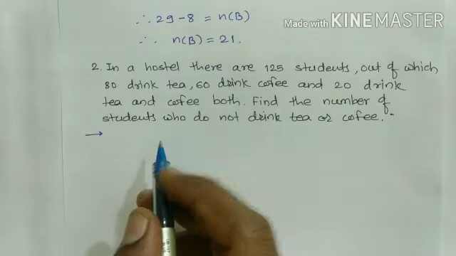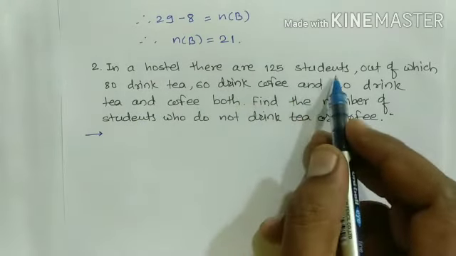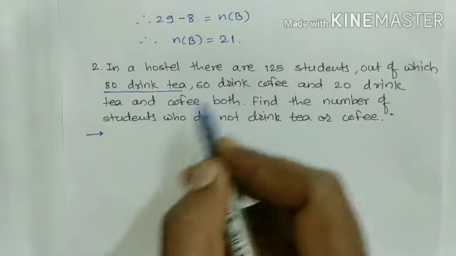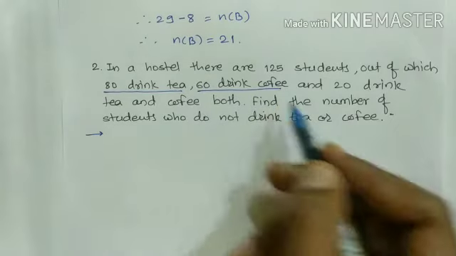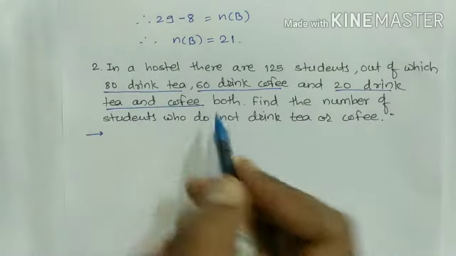Now the second example is in a hostel there are 125 students, out of which 80 drink tea, 60 drink coffee and 20 drink tea and coffee both.